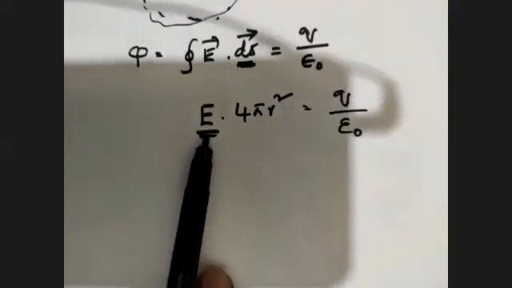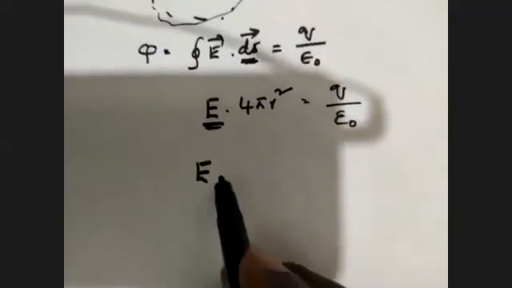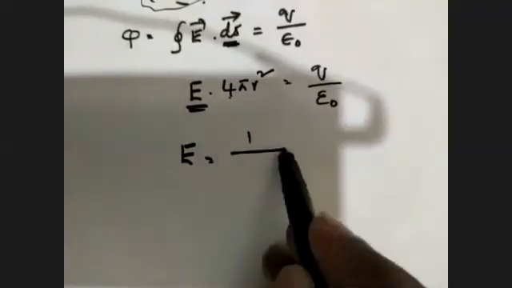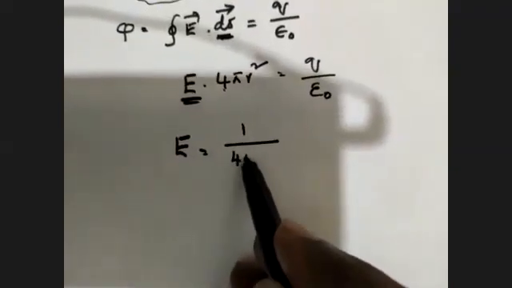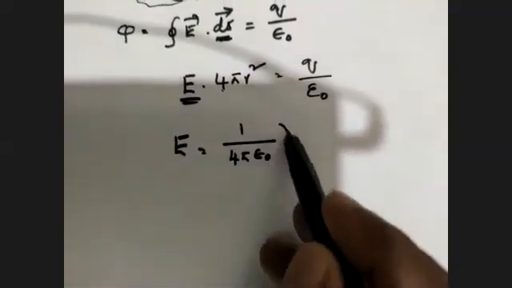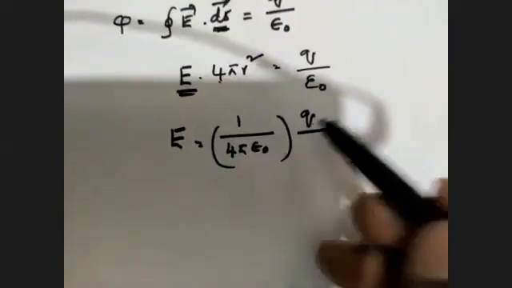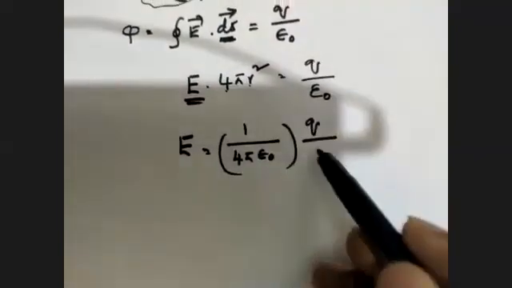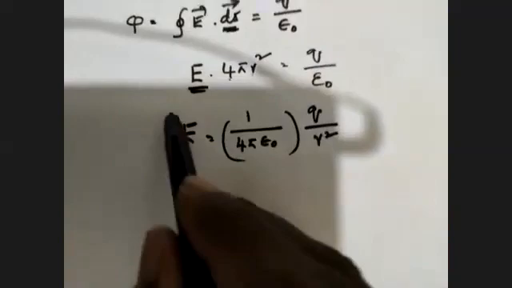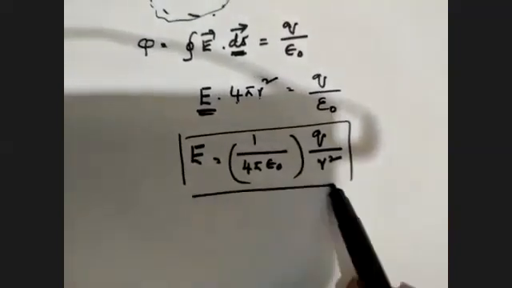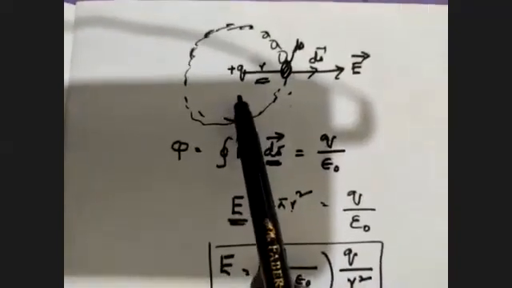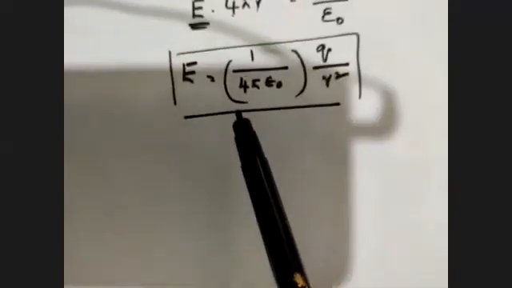That is the point I want to make. E is equal to, see, the 4 pi goes here. All constants I will write to one side: 4 pi epsilon naught, which is also a constant, and Q is the charge. This charge value may change and the distance may also change. So this is the electric field around the charge.